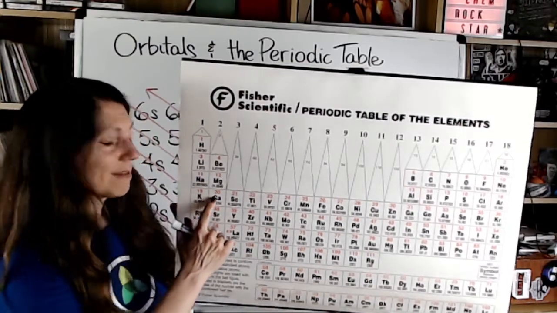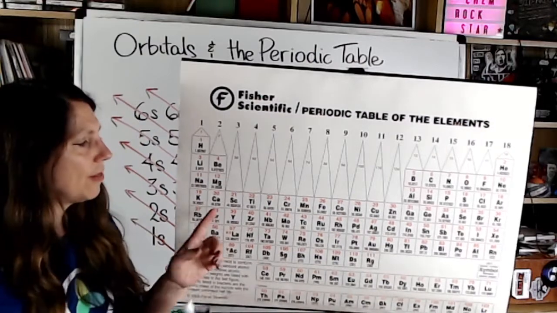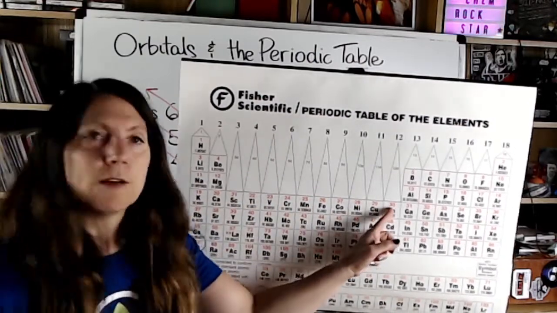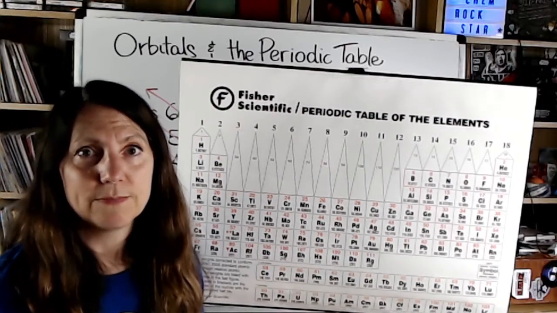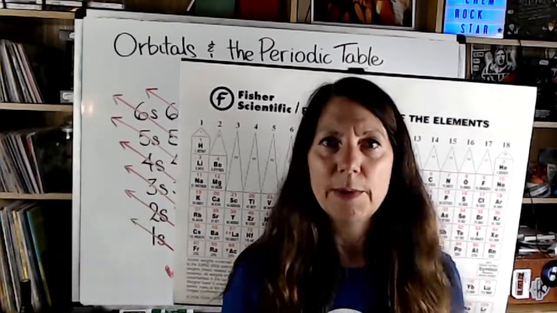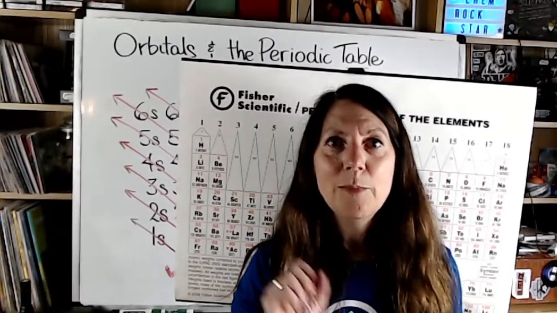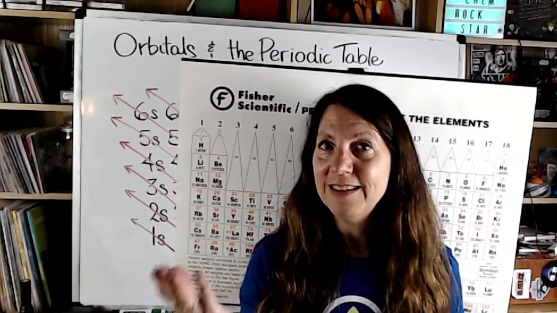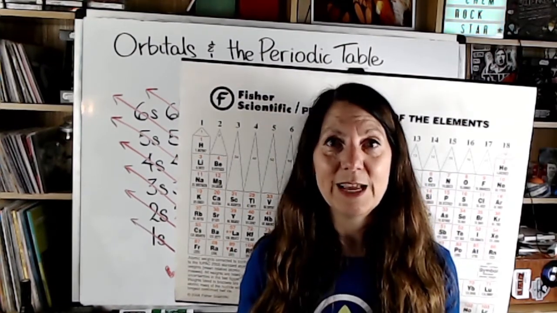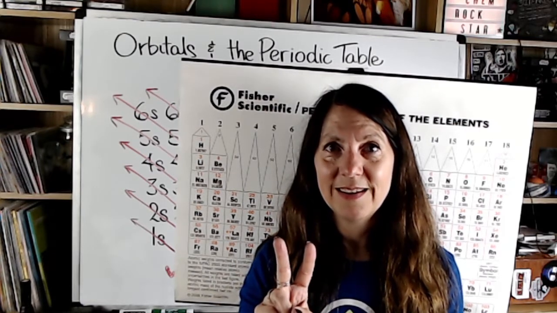All right, 4s, 3d. Let's look at the 3d period right across here. How many are there? I'm going to block it so you can't count. How many should there be? How many d orbitals were there? D orbitals, L equals 2.